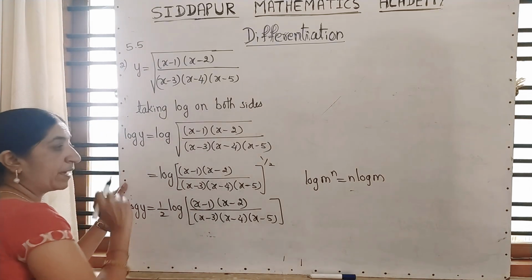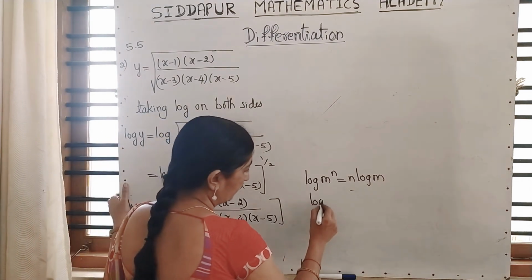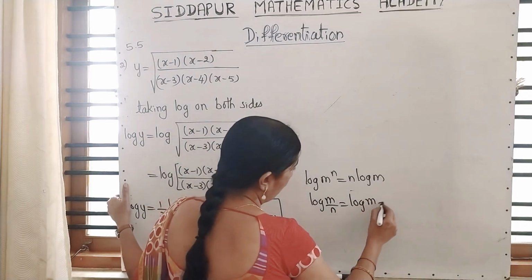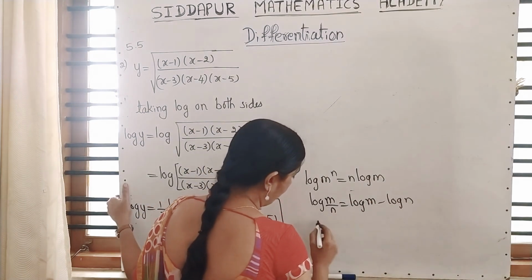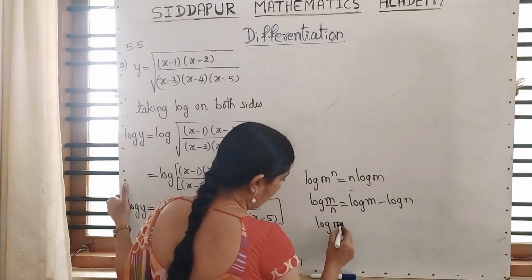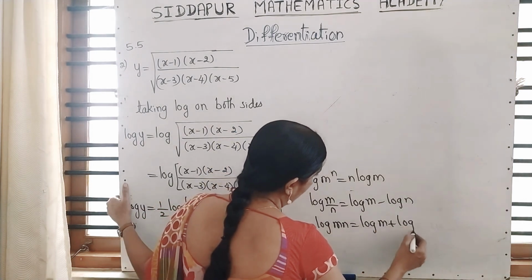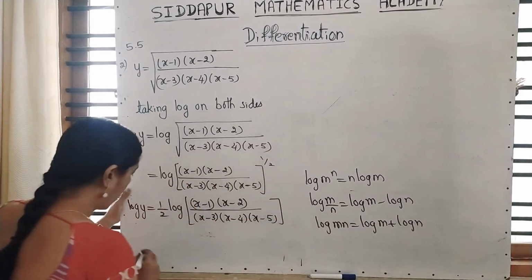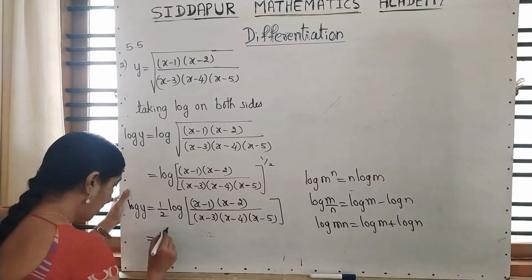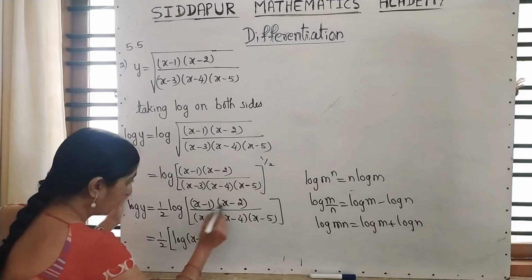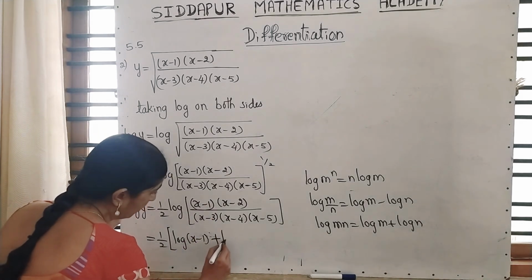Upon means middle minus comes, this property. Log m by n means log m minus log n. And log mn will be log m plus log n. Remember these basic properties. This is 1 by 2 in the bracket. Log of x minus 1, it is middle plus.